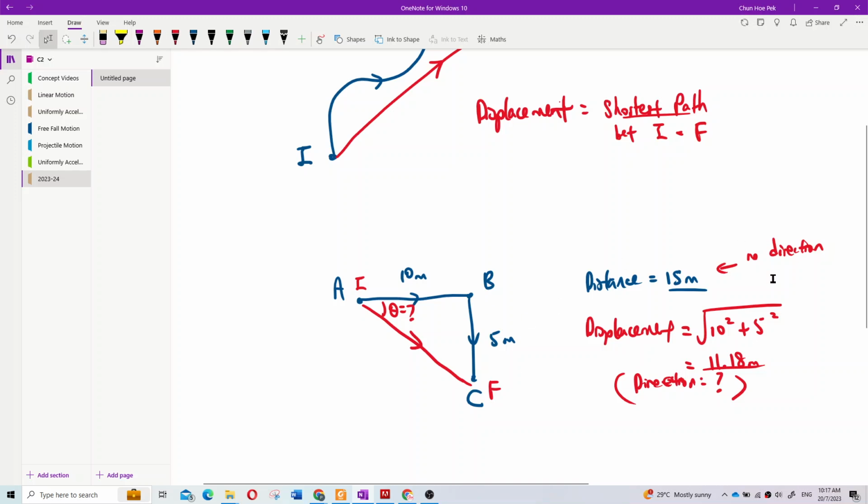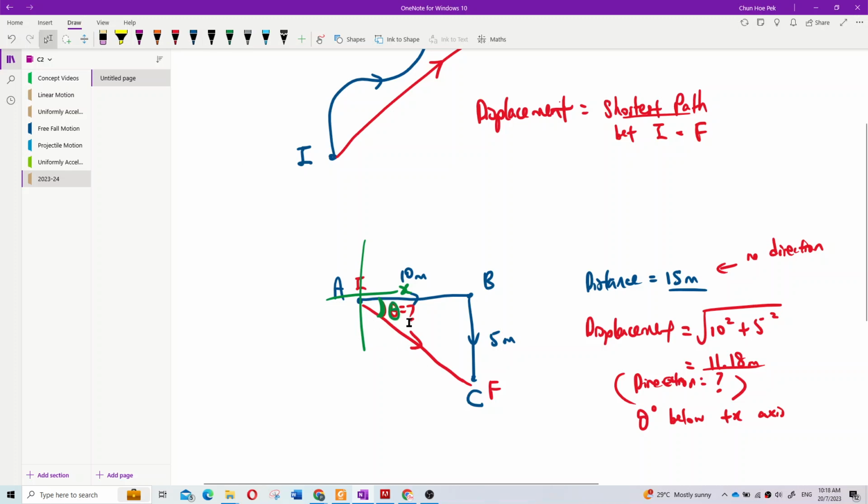Distance is just total path, no direction. But displacement, you need to include direction. You need to say, for example, the direction is theta degree below the positive x-axis, because we look from the initial point. This is the x-axis, so it is theta degree below the positive x-axis.